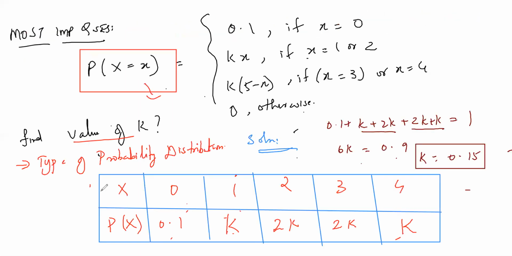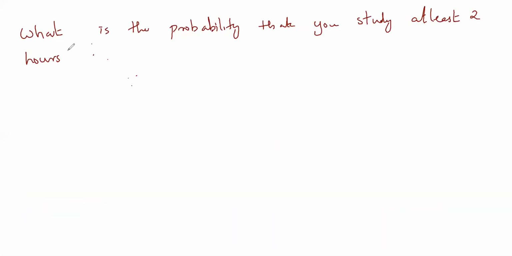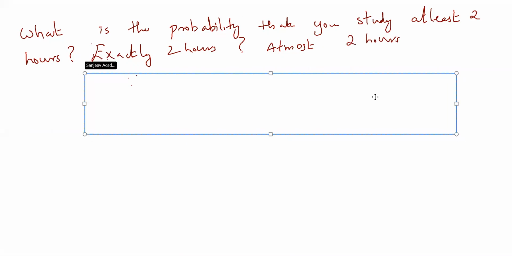Here let x denote studying. Just like the doublet in the previous question, here x denotes studying. That's all. At least 2 hours, then exactly 2 hours, at most 2 hours. So I'll redraw the entire thing now, then only you'll be able to clearly understand this, because I will draw the probability distribution table. Then only we can clearly get full marks in this.